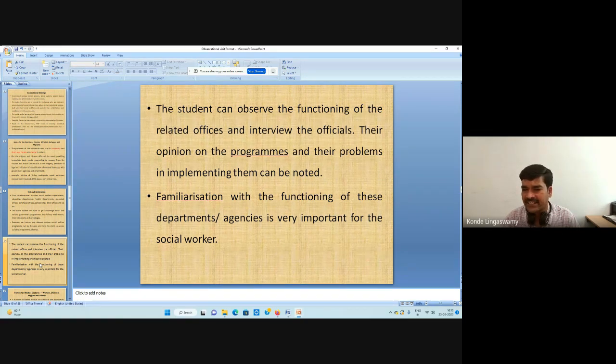Familiarization with the functioning of these departments and agencies is very important for the social worker. For example, once you interact with your local district collector or block development officer, they become familiar with you. They know you are a social work student.